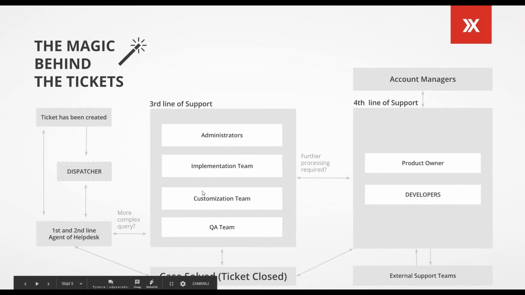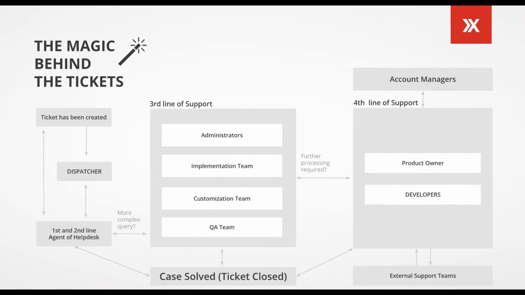If there is anything more complicated, it will definitely go to the fourth line of support, and this requires a change of product and a change of code. Those might be the most complex tickets, and the ones which might take a little bit more time. It depends on the release of the particular version of software when the fix will be included.